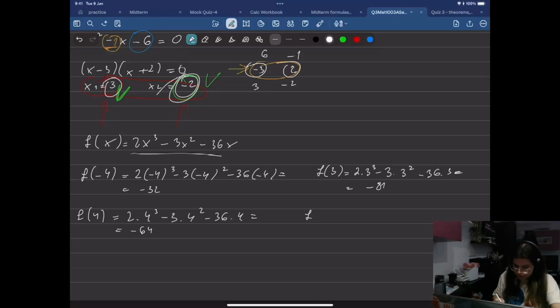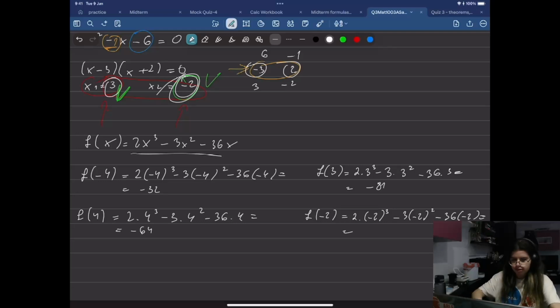And last, we need to do f of minus 2, the last critical point, right? So we have 2 times minus 2 cubed minus 3 times minus 2 squared minus 36 times minus 2. I'm just writing it down in the calculator, which gives us 44.